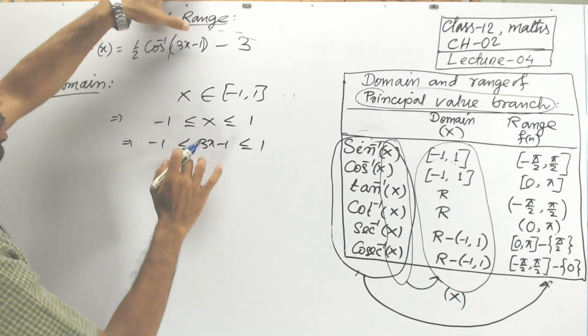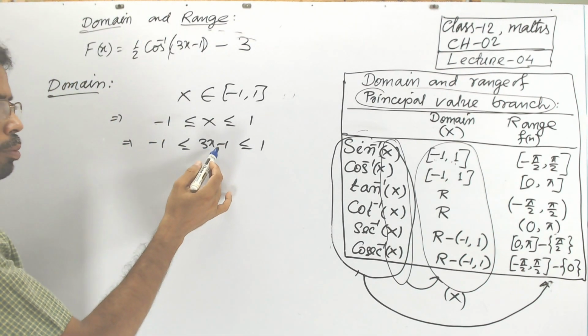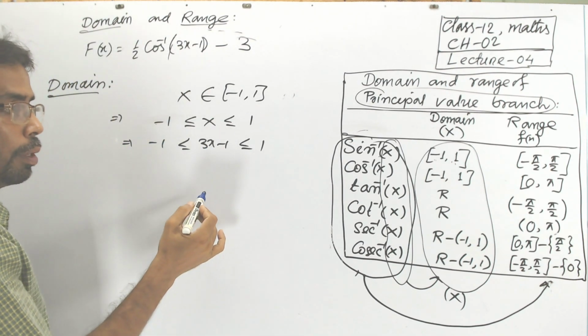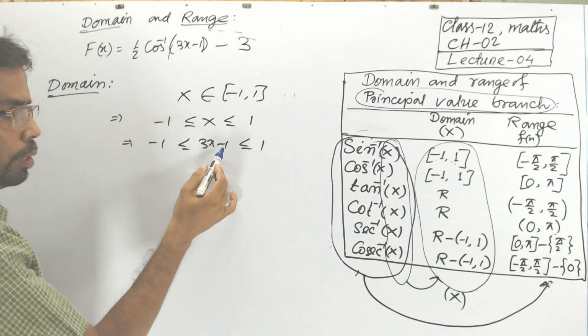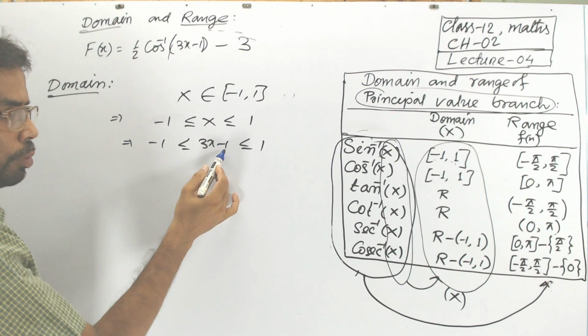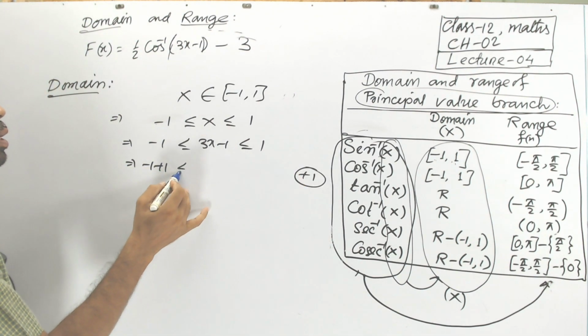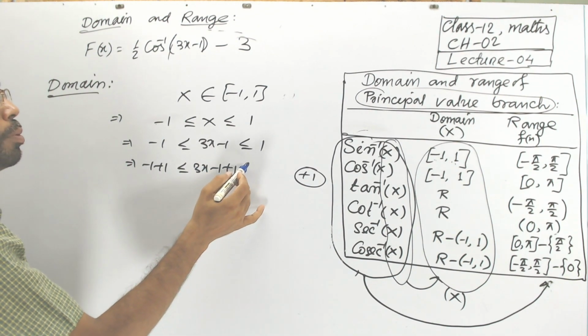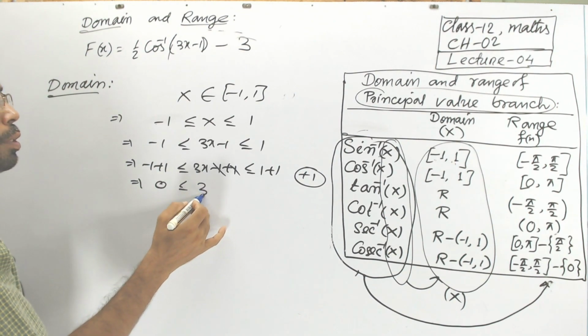This question we have already done, just explaining once again. Here we have to find out this small x values, which is the domain, and for that we have to make x free. So first we have to remove this minus 1, adding plus 1: 3x minus 1 plus 1, 1 plus 1. So this is getting cancelled. You are getting 0, 3x, 2.